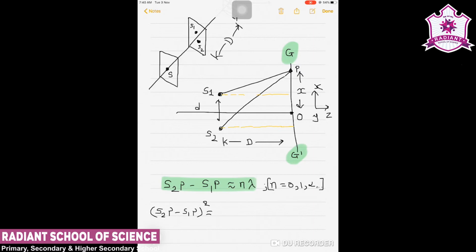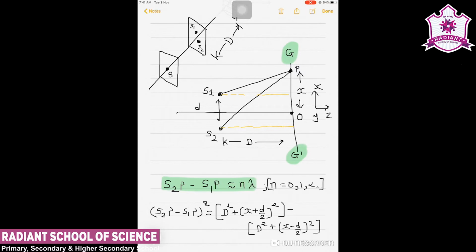Here we arrange everything with respect to this point O. The arrangement results in the term D square plus x plus d by 2 whole square, minus D square plus x minus d by 2 whole square.